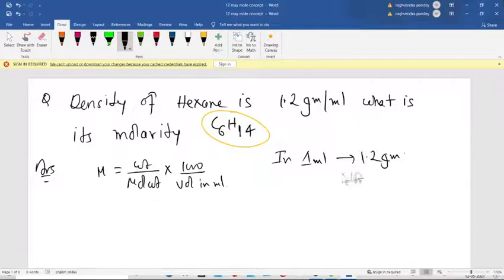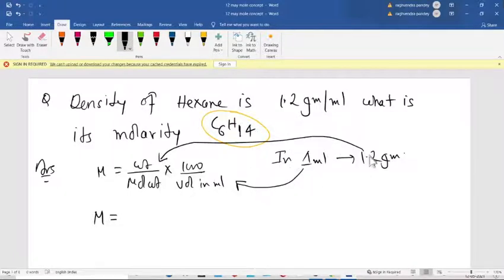So you can do it by various methods. I'm just showing you formula based. So 1.2 gram is in 1 ml. So in place of volume, I am just writing 1 ml, and in place of weight, you can write 1.2 gram. So this one into 1000 upon 1, and what is the molecular weight?